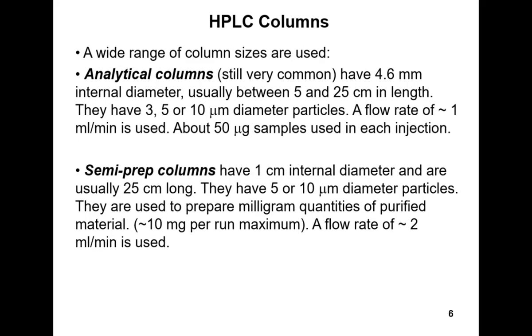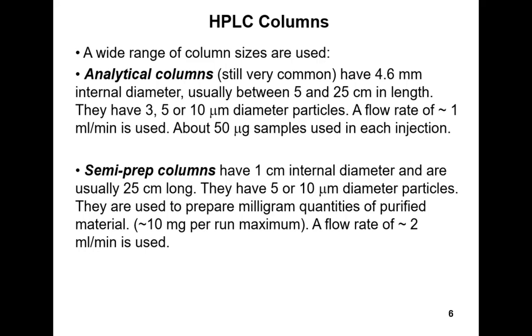I'll pass around some other columns, and this is more like the one that we did the class sessions on. This is a standard size of column, referred to as analytical columns. The cylinder that the stationary phase is packed into is 4.6 millimeter diameter.